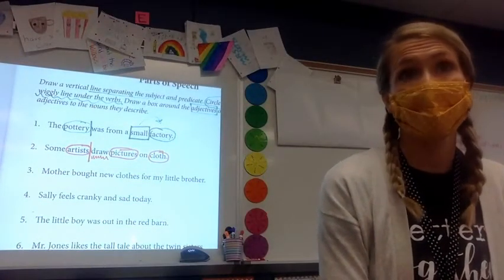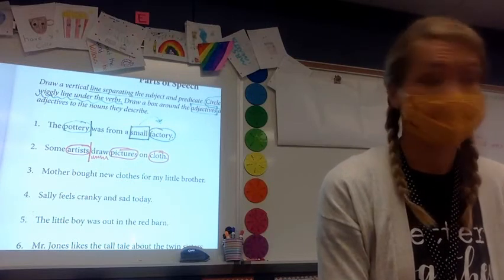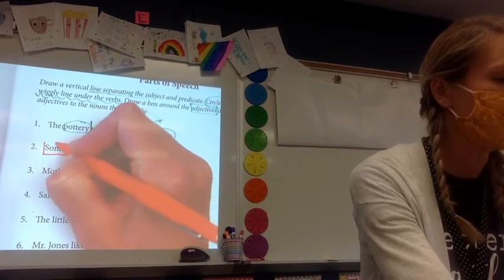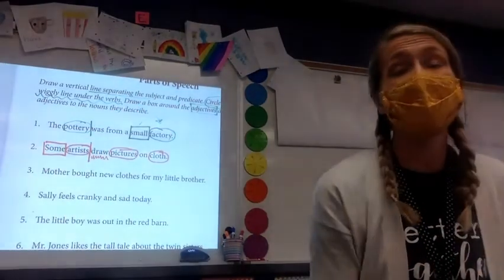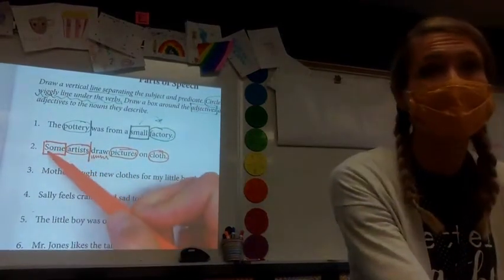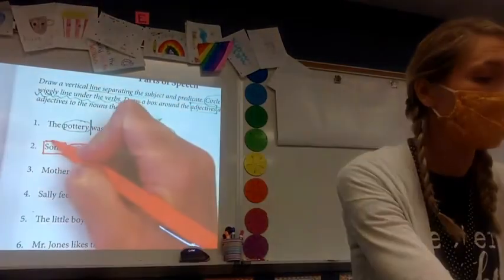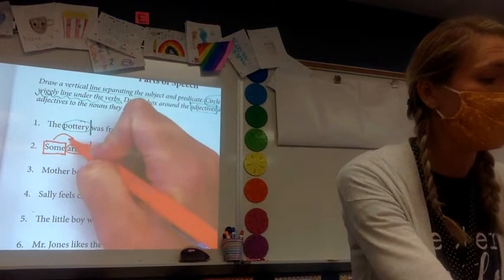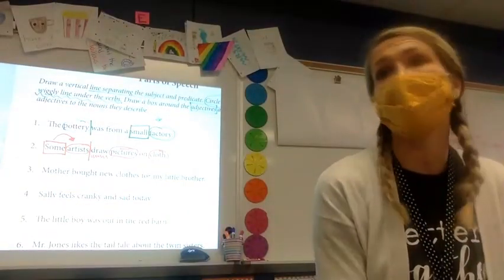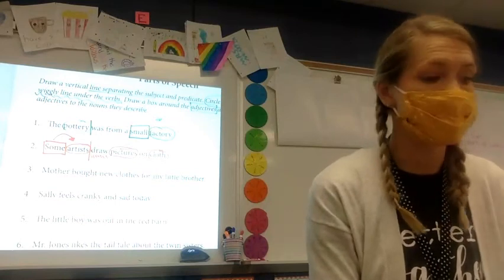Which adjective do we have? Ryder? You are correct. Some is an adjective. It's telling you how many artists. Now draw an arrow from that adjective to what it's describing. Well, some is describing artists. Not all artists. Not an artist. Some artists. Good job, Ryder.